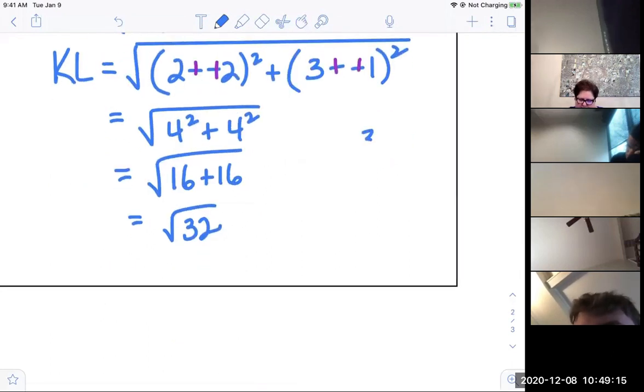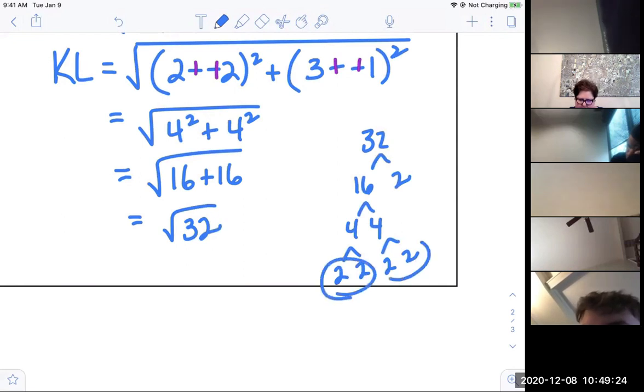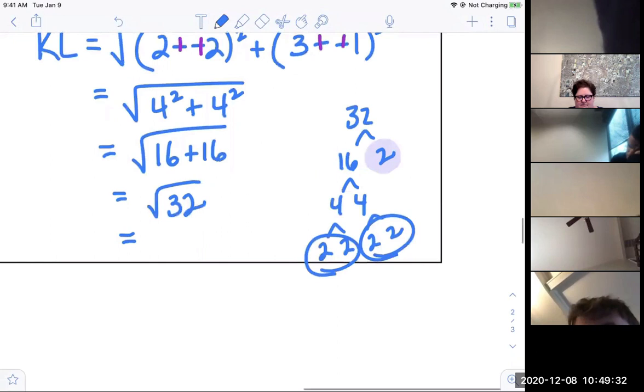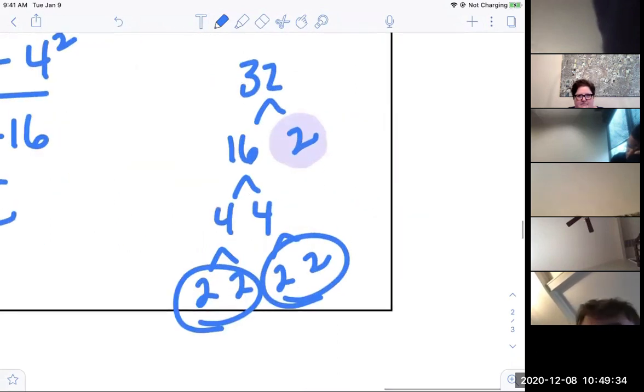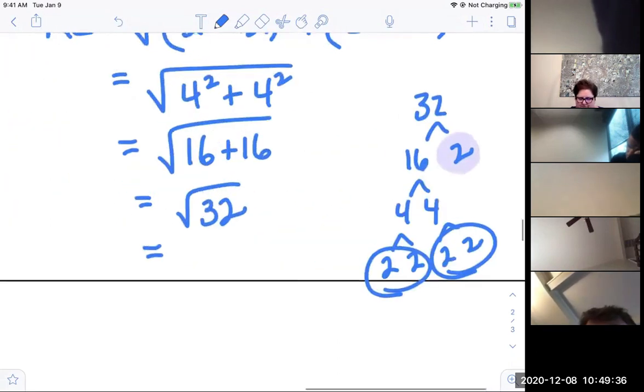Now, if you break down square root of 32, 16 and 2, 4 and 4, 2, 2, 2, 2. How does that simplify? Would it be 4 root 2, with 2 on the inside?